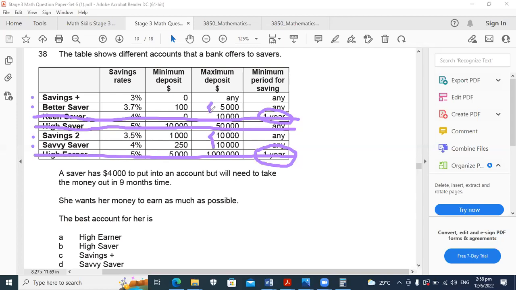So basically, well, this is not true. Basically, what I'm saying is you're going to get zero. You're not getting any money. So this is gone out. This is gone out.